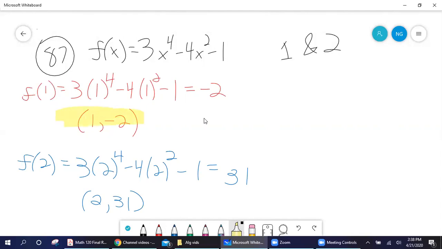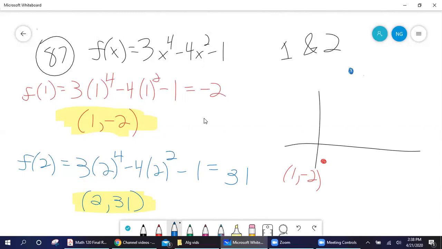All this is saying for the intermediate value theorem is when x is 1, the y coordinate is negative. So there's a point 1, -2. But then when x is 2, the y coordinate is all the way up at 31.